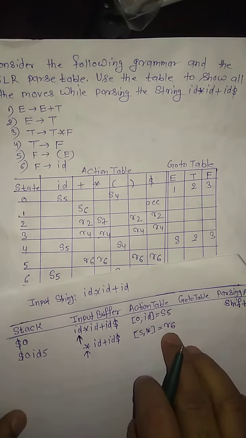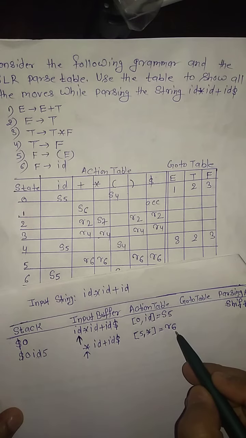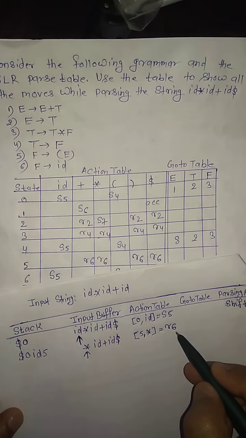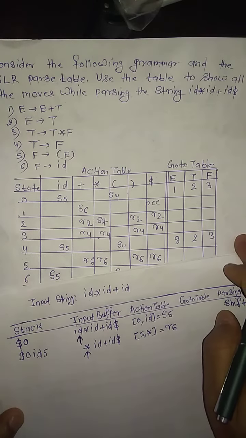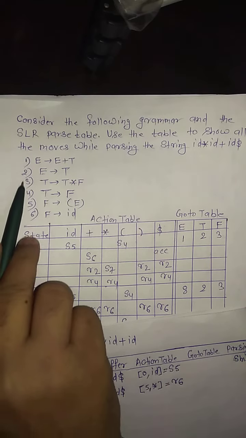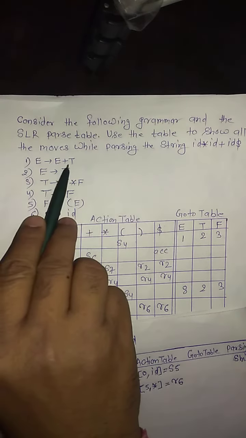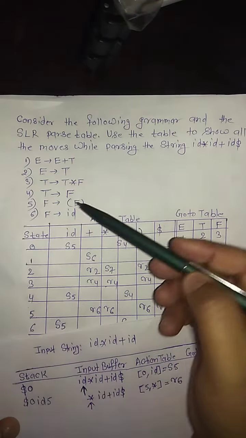What is the meaning of R? Here R represents reduction, and 6 means the sixth production. So the reduction is performed with the sixth production. The grammar is given, and the numbering is 1, 2, 3, 4, 5, 6 accordingly.